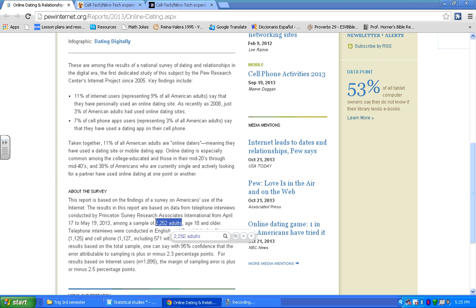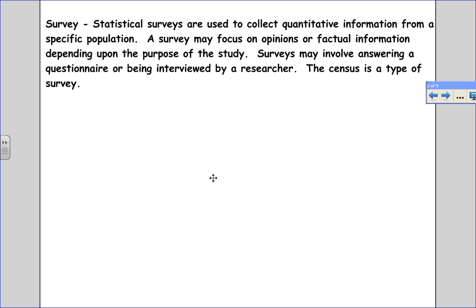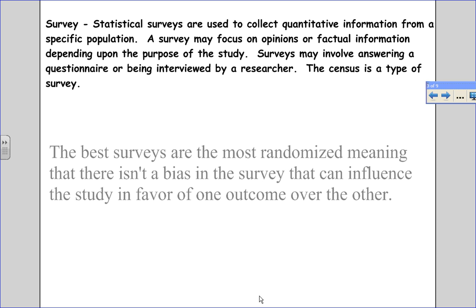So the bigger the sample, the better. And it's also a good idea to have randomization in the survey. In other words, you want the survey to be as random as possible. The best surveys are the most randomized, meaning that there isn't a bias in the survey that can influence the study in favor of one outcome over the other.